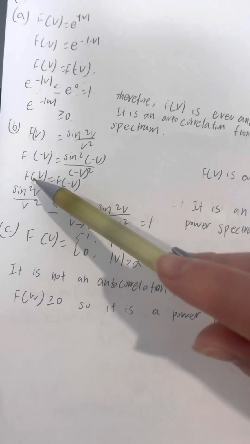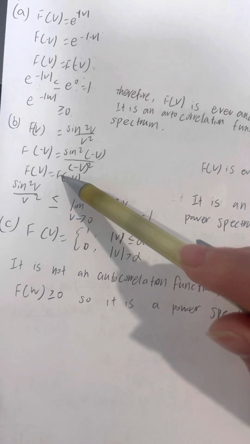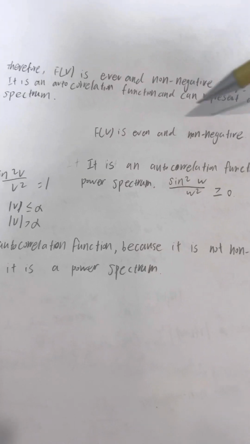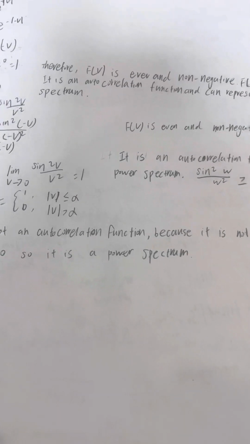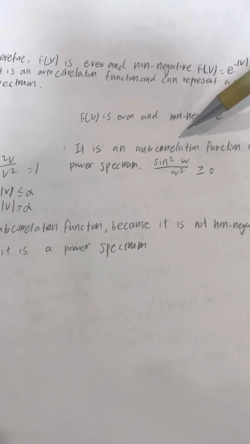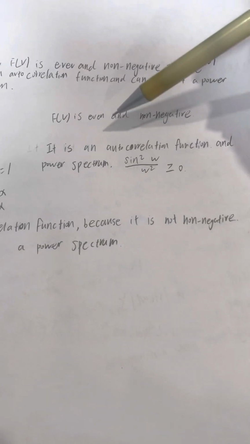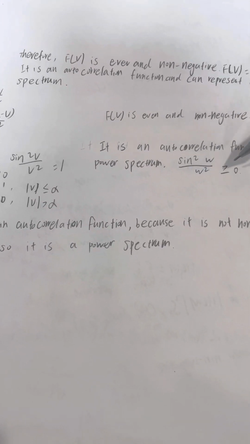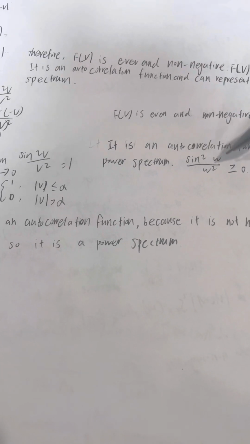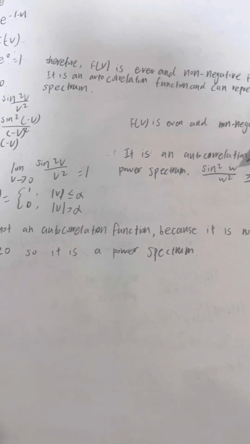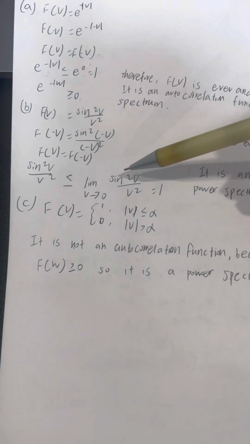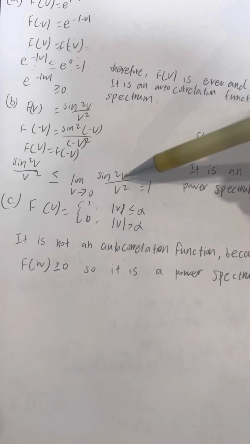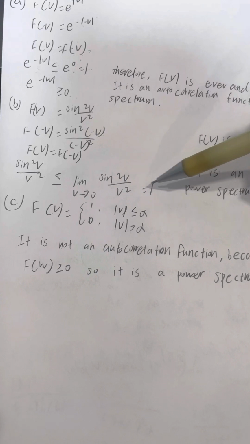Therefore f(v) is also equal to f(-v), and then we get f(v) is even and non-negative, and it is also an autocorrelation function and a power spectrum, because sine squared w over w squared is greater than or equal to 0 when you replace the v by w, and the limit of v to 0 of sine squared v over v squared is equal to 1.